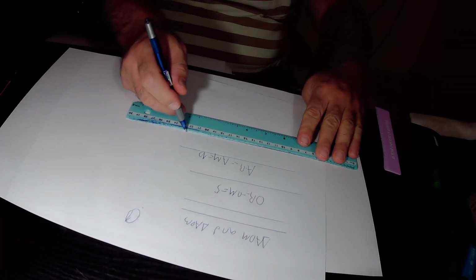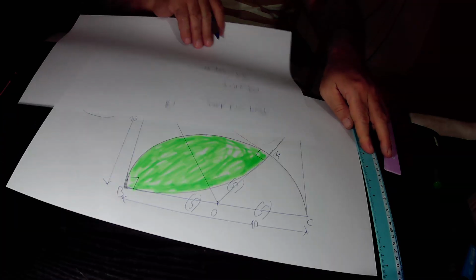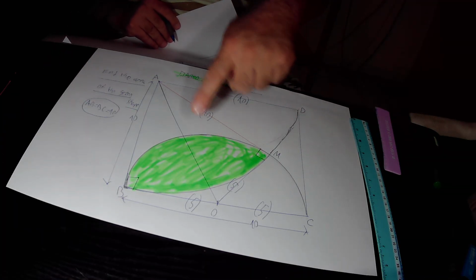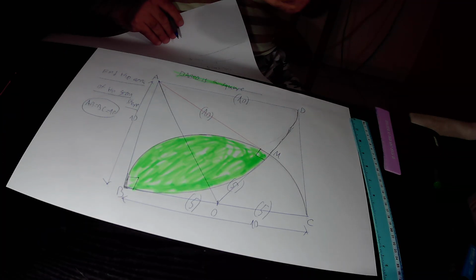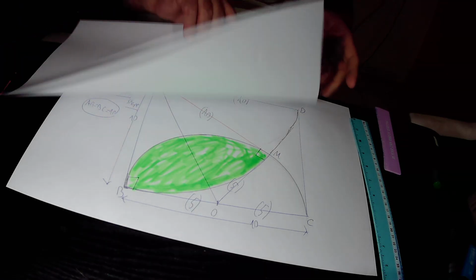And finally, this is side AO, that is a common side that belongs to both triangles. So AO equals itself, a common side that belongs to both triangles.